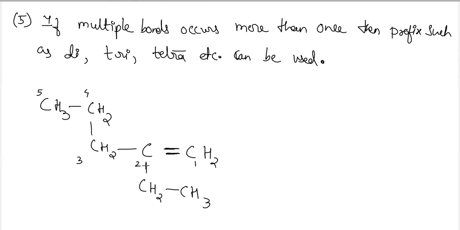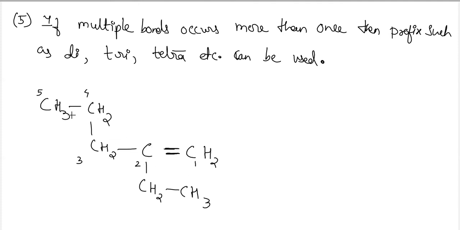Rather, we will see that the longest chain here is this 6 carbon chain. But as a double bond is present here, this 6 carbon chain will not be considered. The first carbon atom will be the carbon atom which contains the multiple bond, and the lowest position will be provided to the multiple bond. So I am starting the numbering from this carbon atom, and hence it has been given one number. How many carbon atoms are there in this compound?